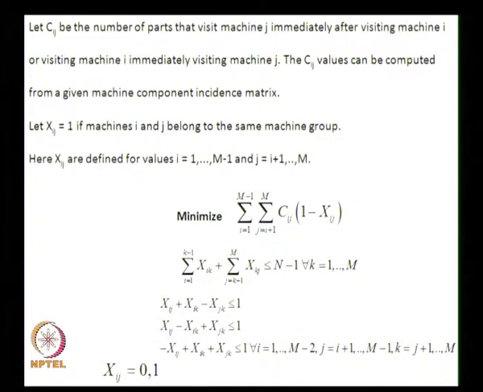Xij will be equal to 1 if machines i and j belong to the same group. So, in this notation both i and j represent machines. Cij is the number of parts that visit both, more importantly, visit i immediately after visiting j, or visit j immediately after visiting machine i.